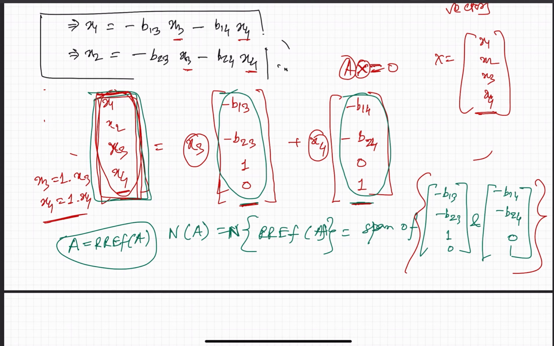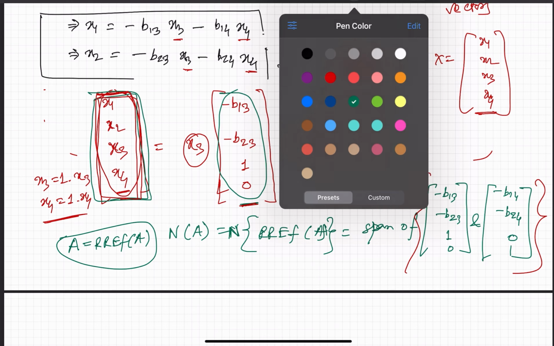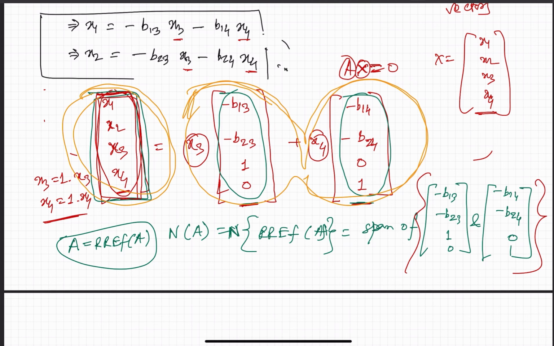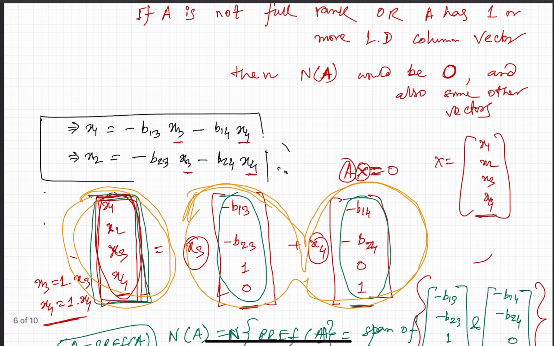So we can get this vector as a linear combination of these two. The span of this one would be the span of the linear combinations of these, as we have studied earlier. Say these two are linearly independent vectors.